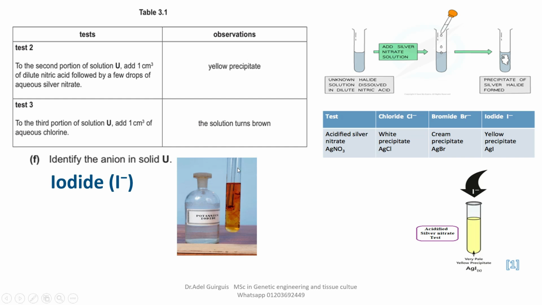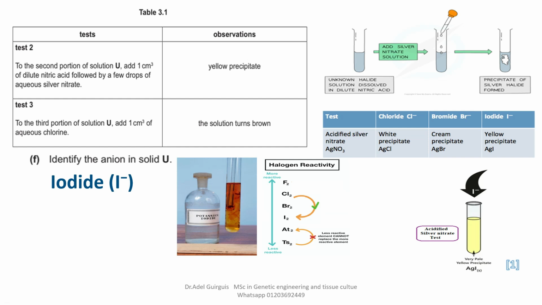What if we bubble chlorine gas inside potassium iodide? What would happen? Chlorine, as you know, is above iodine, so it can displace iodine from its salts, releasing iodine in brown color, so the solution turns brown. This indicates and confirms that U contains an anion called iodide, by displacement reaction with chlorine.